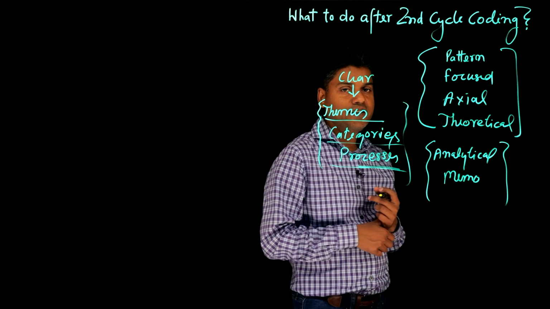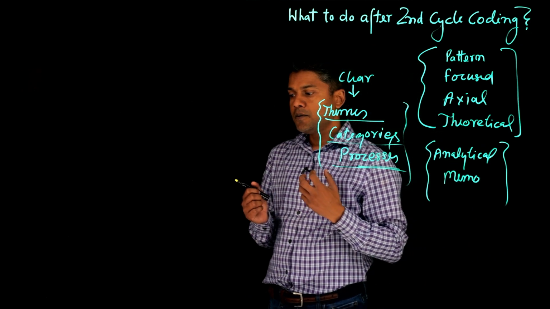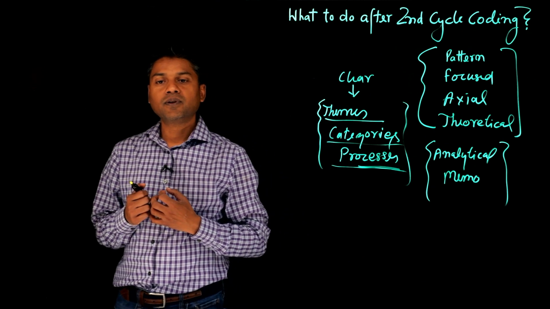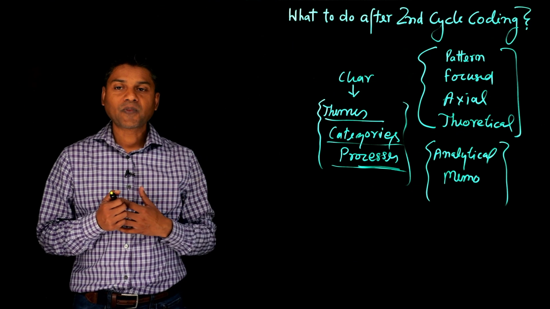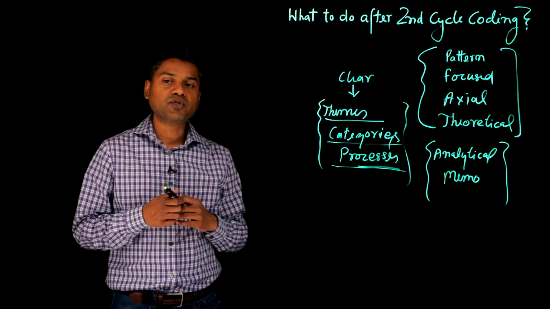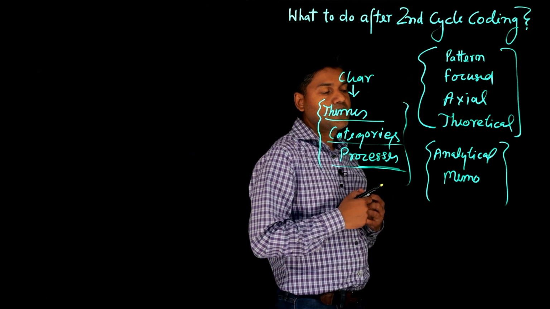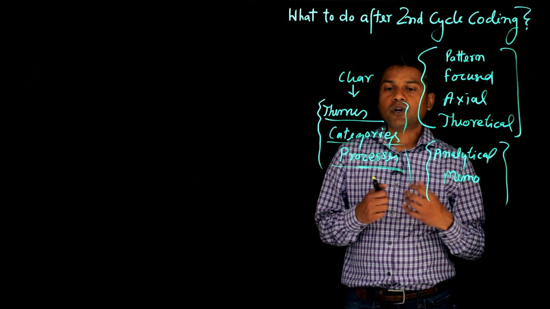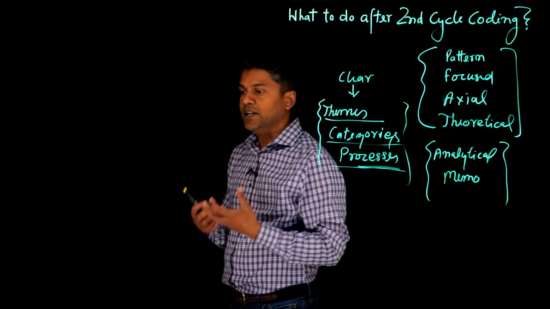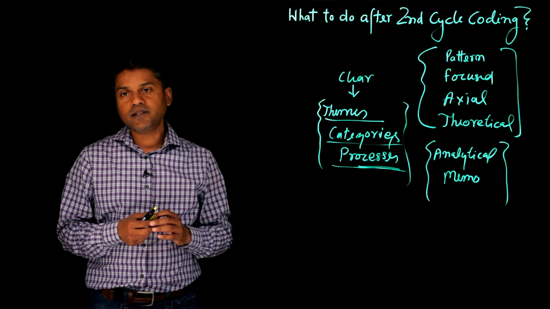So as I said, by this stage, you have a better, clearer sense of what is there in the data, and you know what are some key themes emerging, what are some key categories emerging from the data, what might be some possible processes inherent in the data, and what might be some relationship between various categories which are inherent in the data.